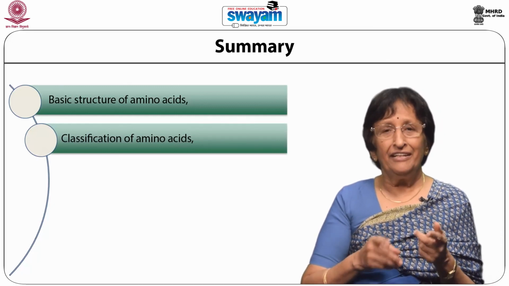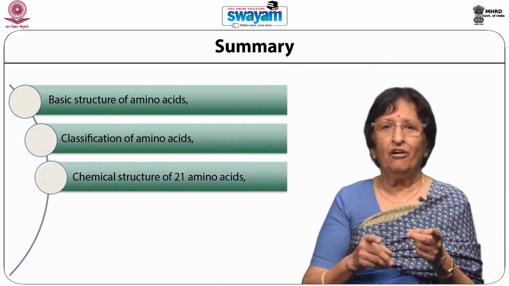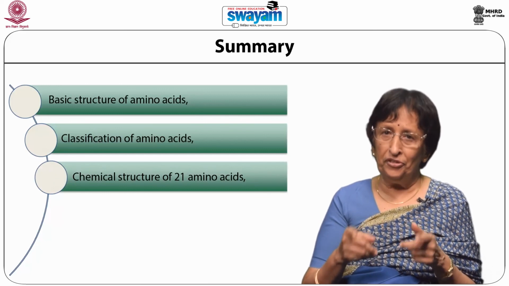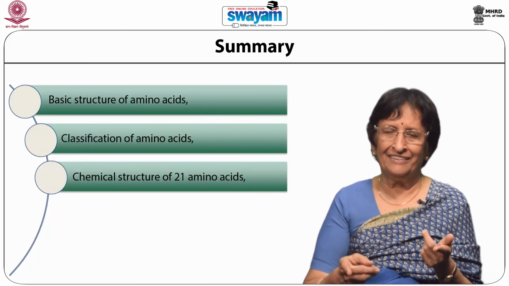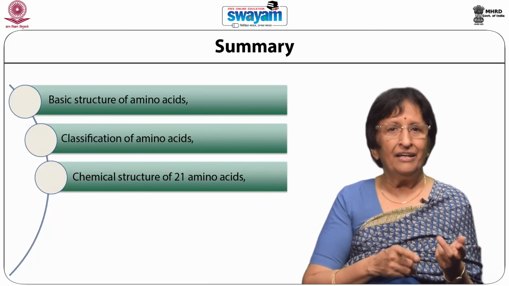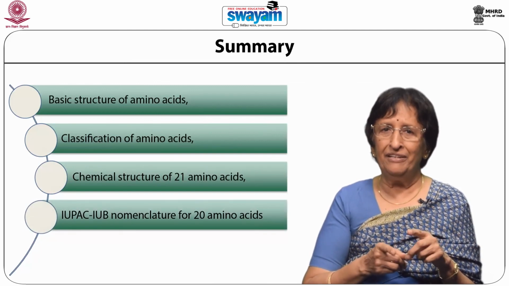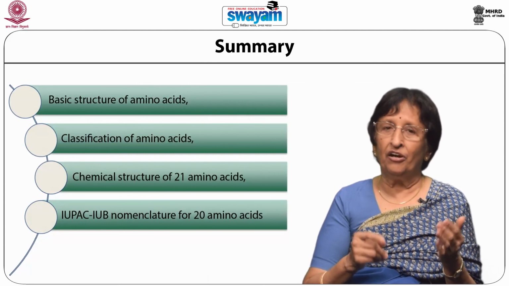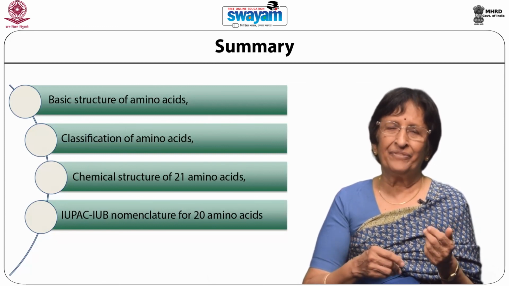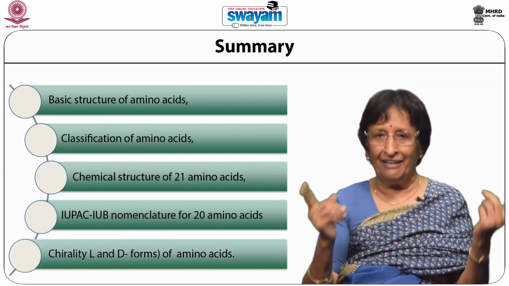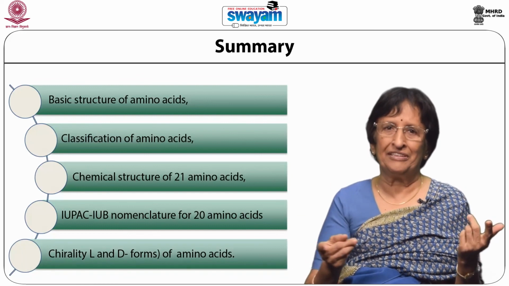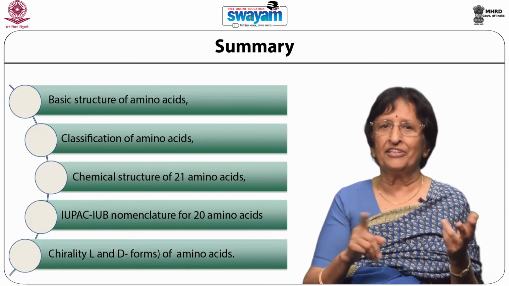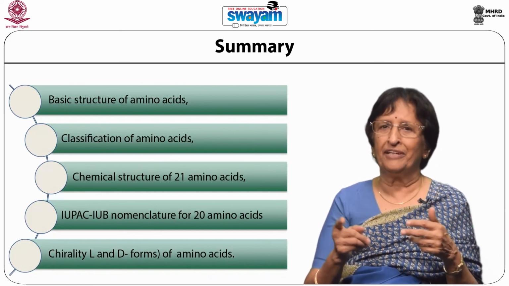We studied chemical structure of 21 proteogenic amino acids. We have also learned IUPAC, IUB nomenclature for 20 amino acids occurring in various proteins. We learned what are chiral amino acids, and we learned what are the L and D forms of different amino acids.